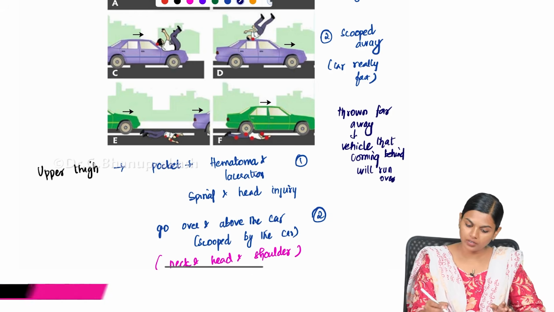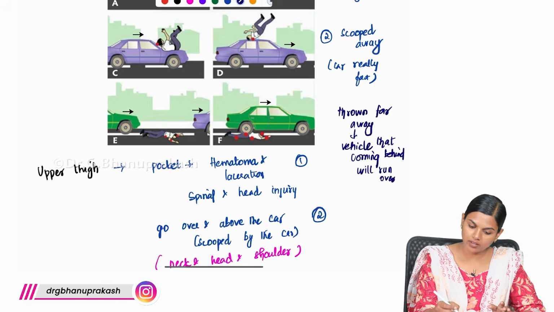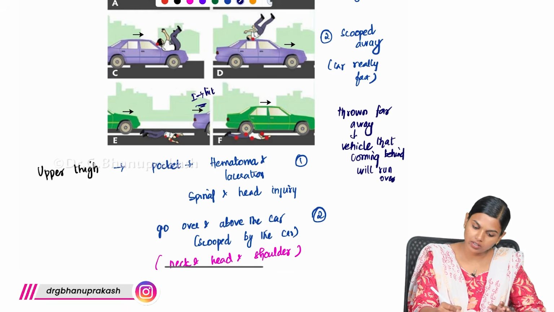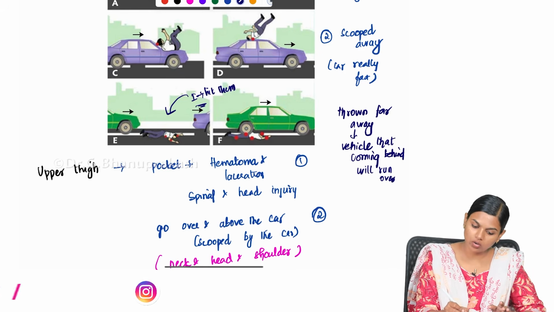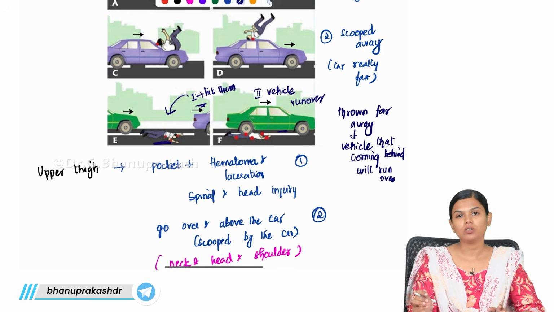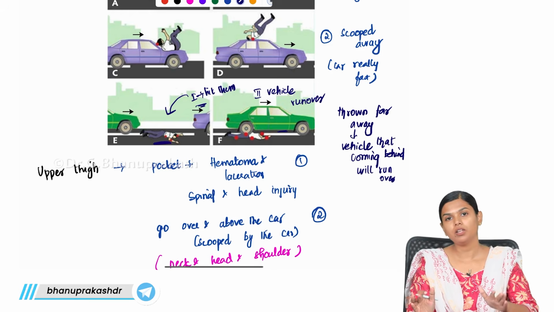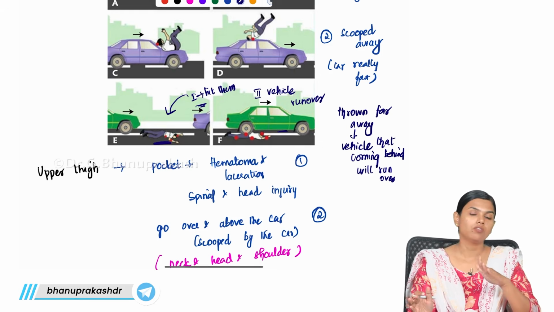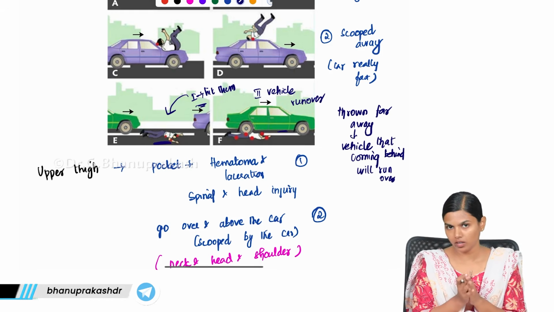So they will be thrown, they will cross this first vehicle, the vehicle that hit them, and they will hit the ground. Then the second vehicle will come and run over them. There you will get complete avulsion, all sorts of blunt trauma injuries.